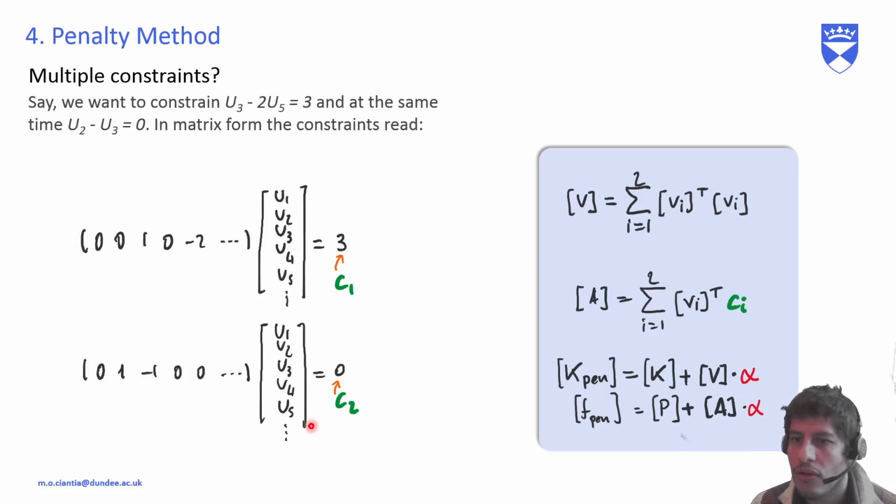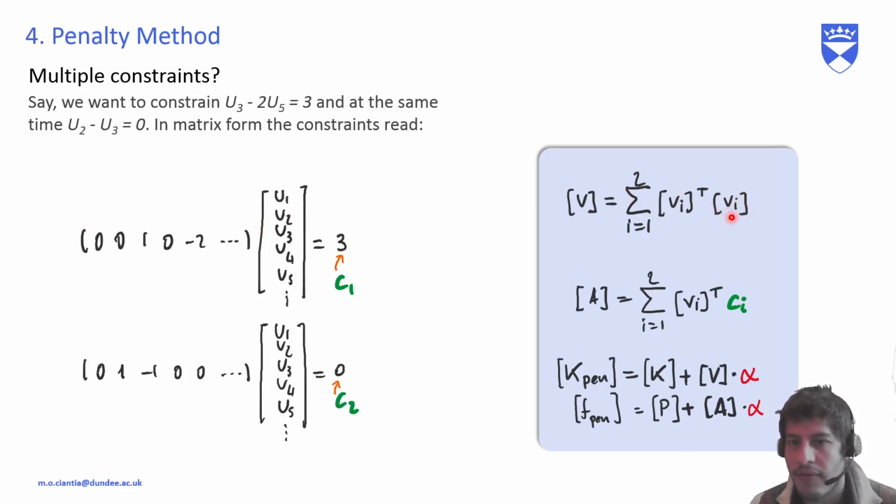So to impose these conditions in the system in matrix form, we define this V matrix that is the sum for i equal to 1 to 2, where in this case we have two constraints to impose, of Vi transpose times Vi, where V is this vector here.